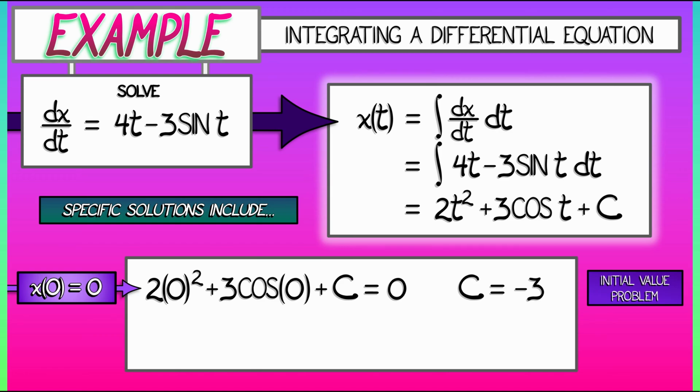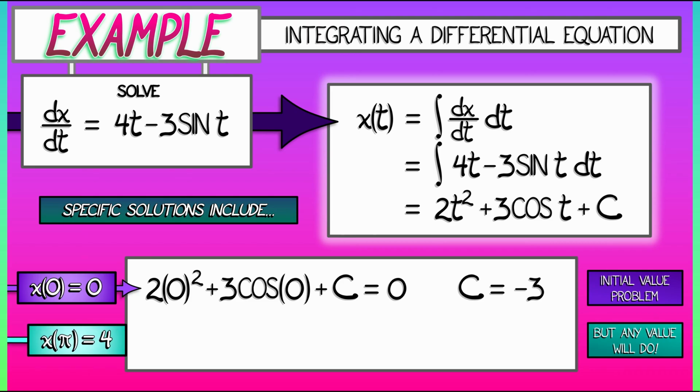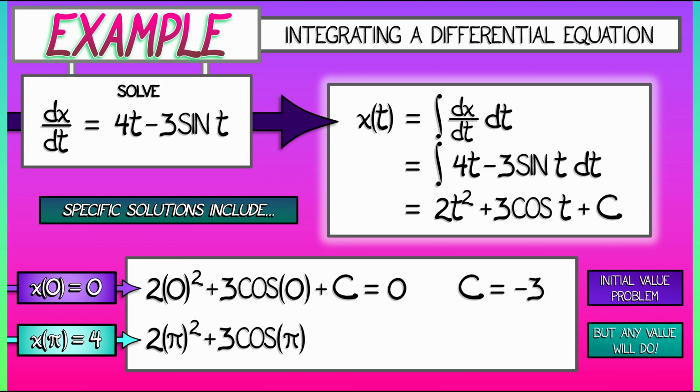Now, you don't need to use an initial value. Any value would do. You can specify, let's say, x at t equals pi. Let's say that's equal to 4. Then what do you know? You know that 2 times pi squared plus 3 times cosine of pi plus c equals 4. Once again, solve for c. In this case, you'll get 7 minus 2 pi squared, and you're done.